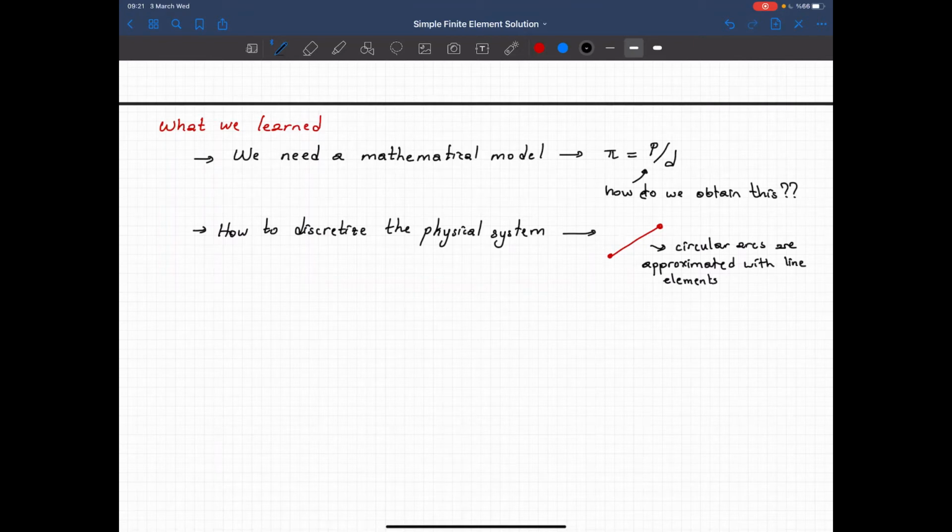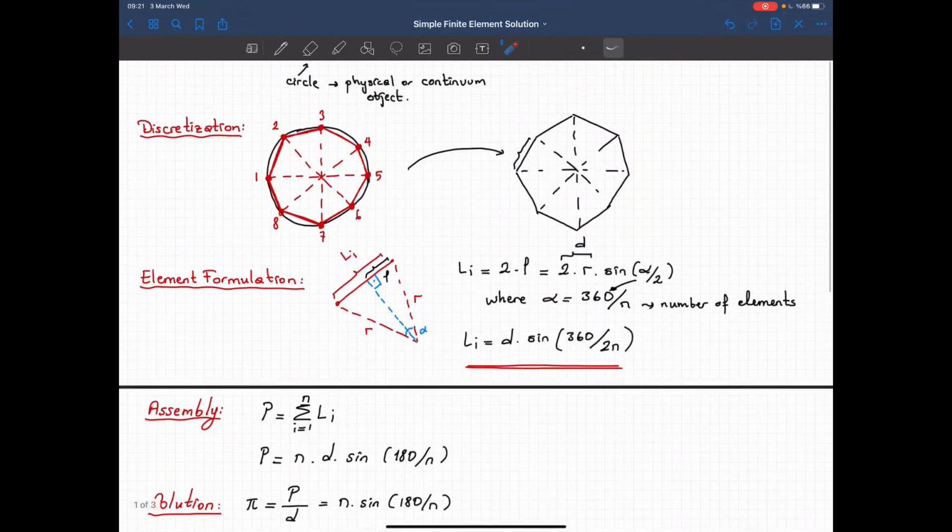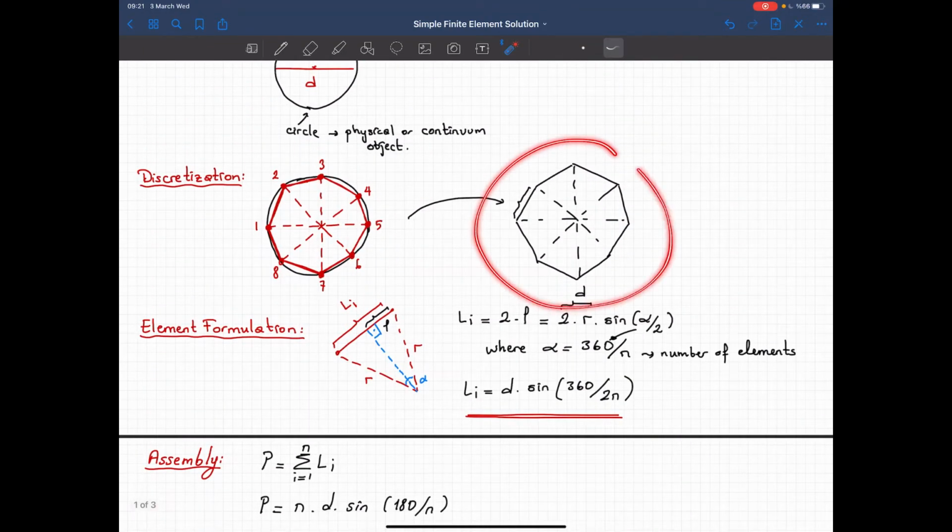So since our finite elements are basic line elements, our discrete model looks like this. It's composed of 8 line finite elements.